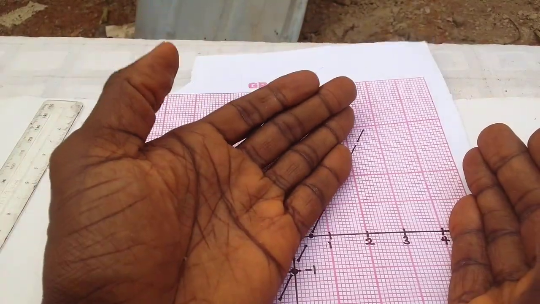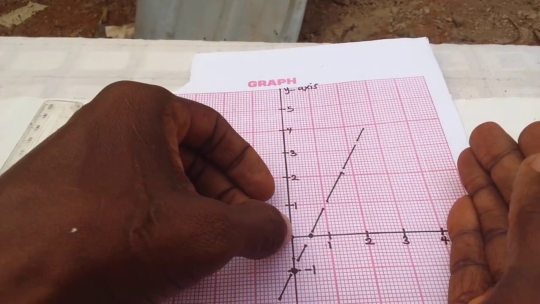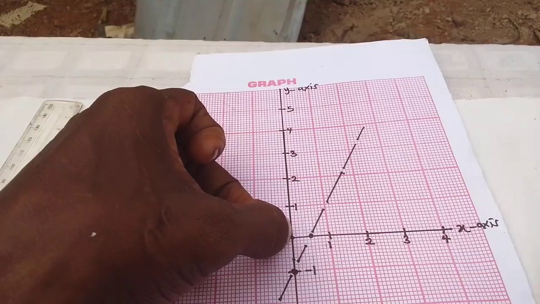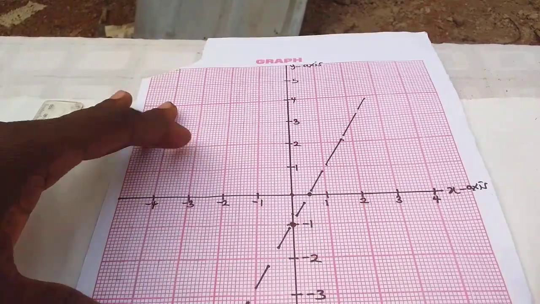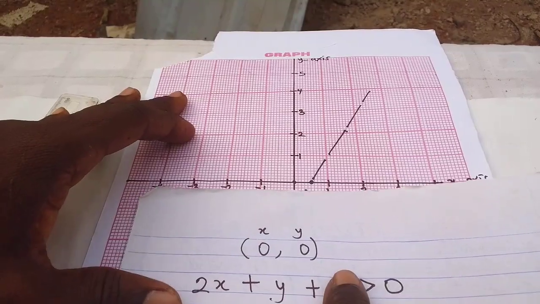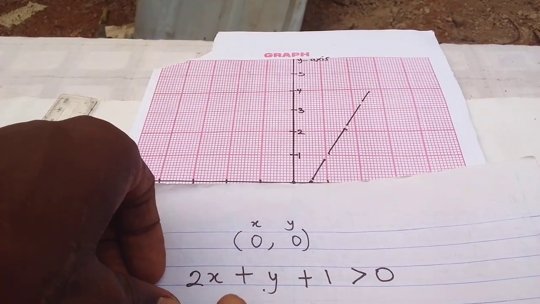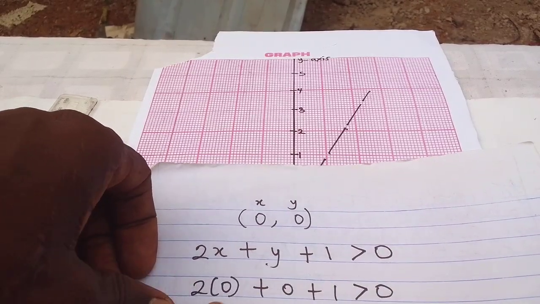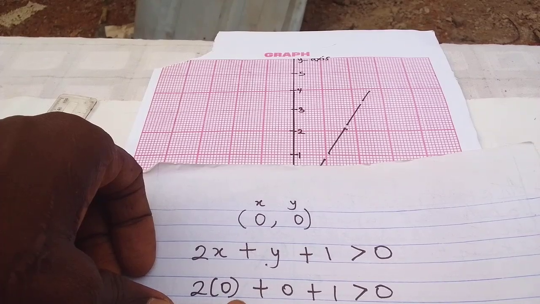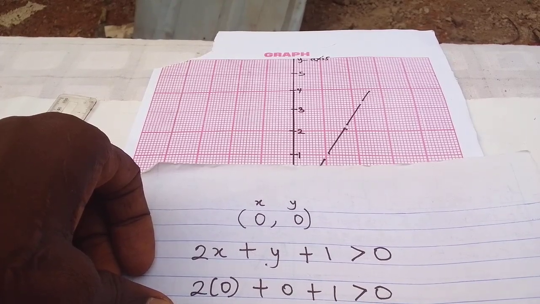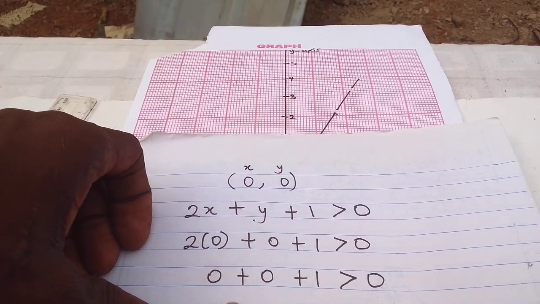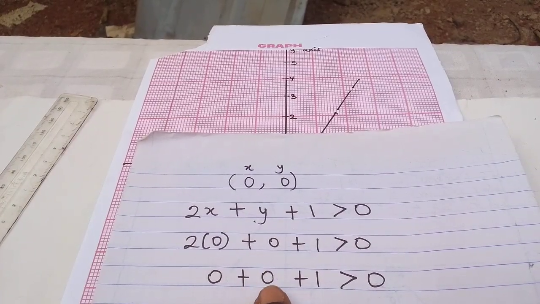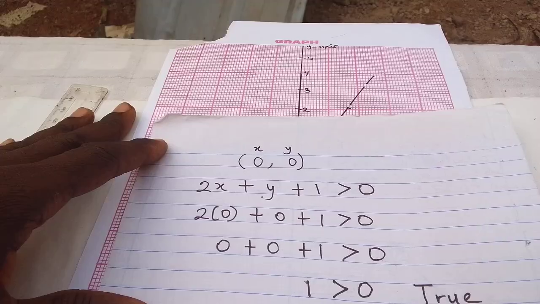Now, the point where x is 0 and y is 0 is from this part. If I substitute x = 0, y = 0 into the inequality 2x + y + 1 > 0, let's do it: 2 times 0 is 0, plus 0, plus 1 is greater than 0. 0 plus 0 plus 1 is 1.